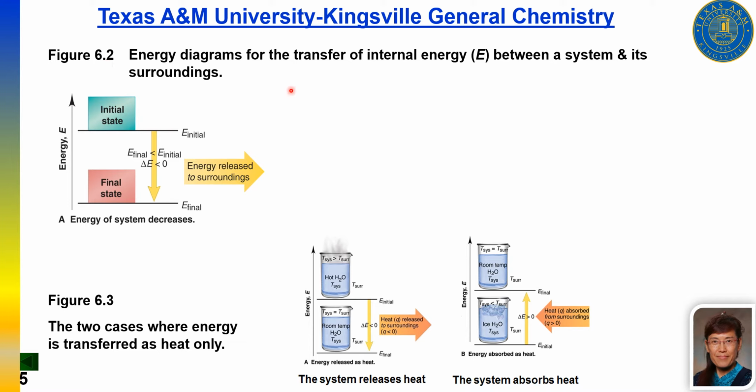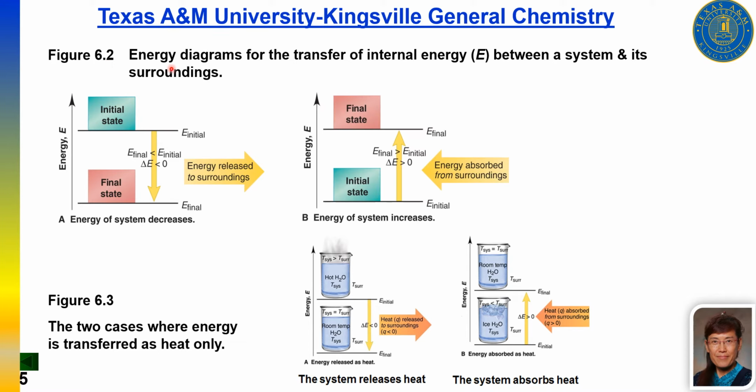For example, if you have this energy diagram, which can show you the transfer of internal energy between the system and its surroundings. Figure A, for example, showed the system energy decreases. Initially, your system has higher internal energy.